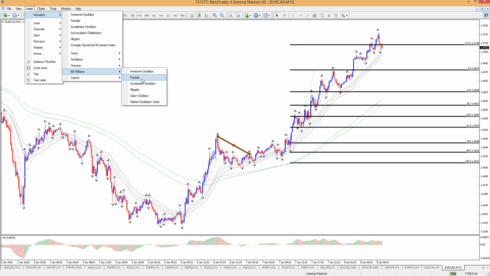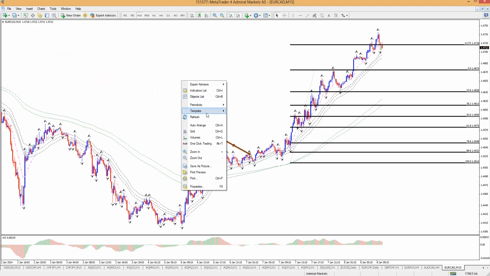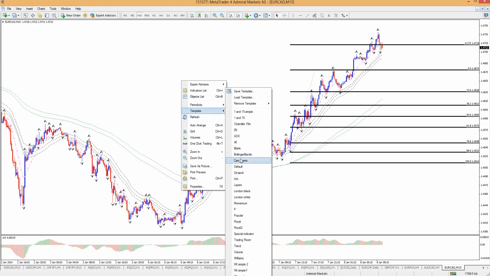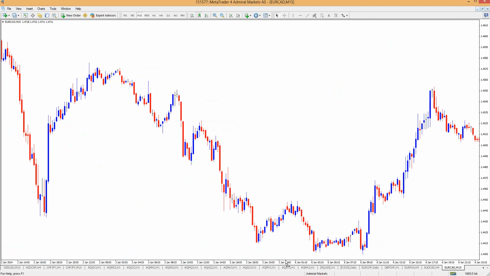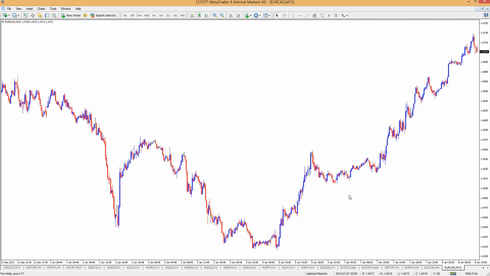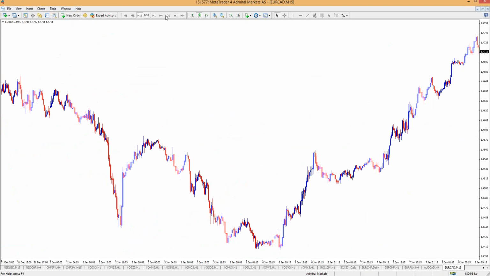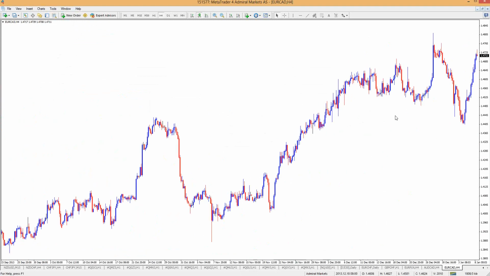I'm so used to them that visually I'm lost without it. Because let me show you. It looks strange to me. Let me see, blank. It doesn't convey the same information to me somehow. I don't know. It looks funny not to see support and resistance clearly.